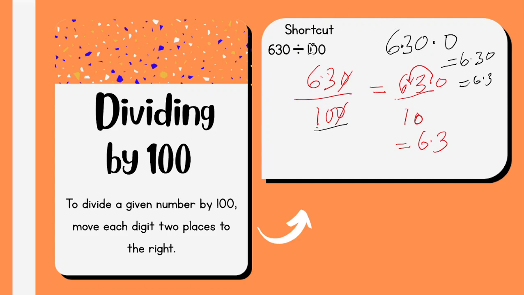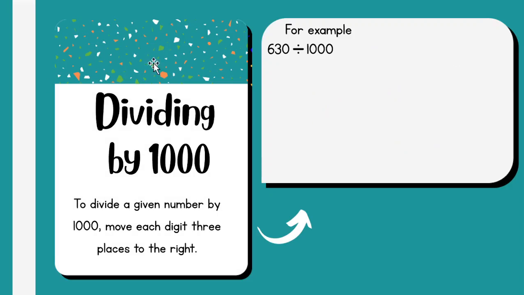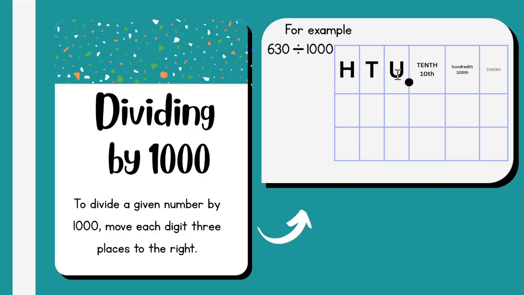But here we are moving the digits to the right. Is that clear? We have hundreds, tens, units, tenths, hundredths and thousandths, as you can see on the table. So we write the digit there. That is 630.